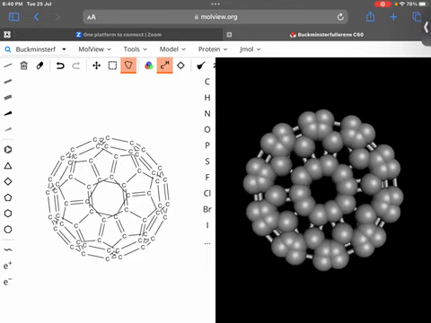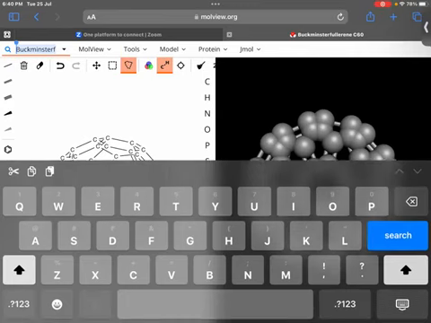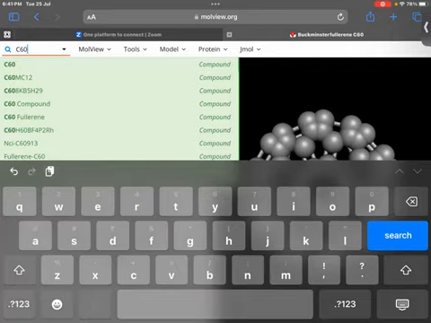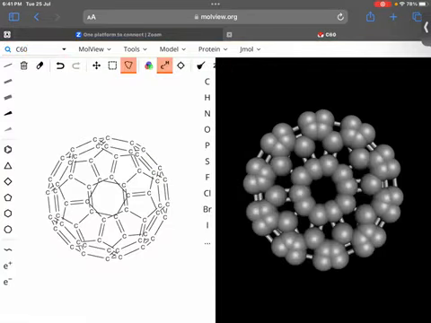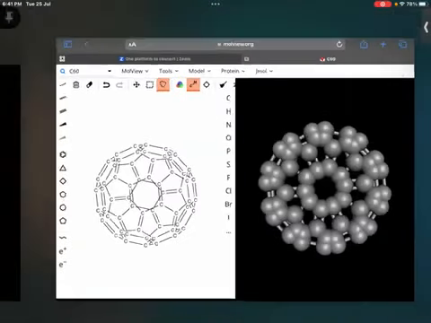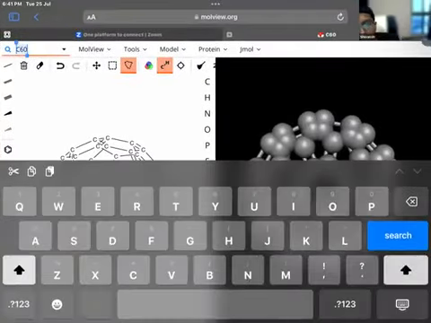I have shared one image. Are you able to see that? Why are they not showing it here? It's saying it's a Fullerene molecule.